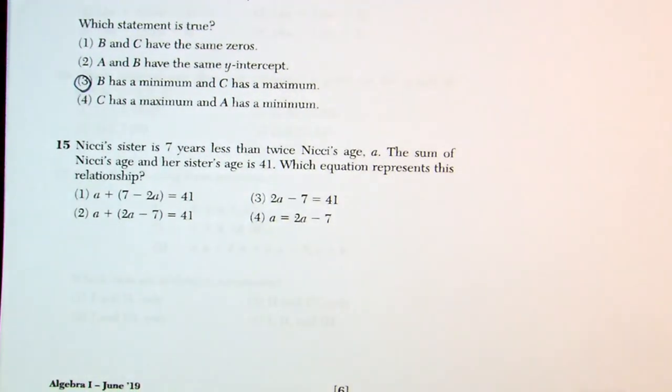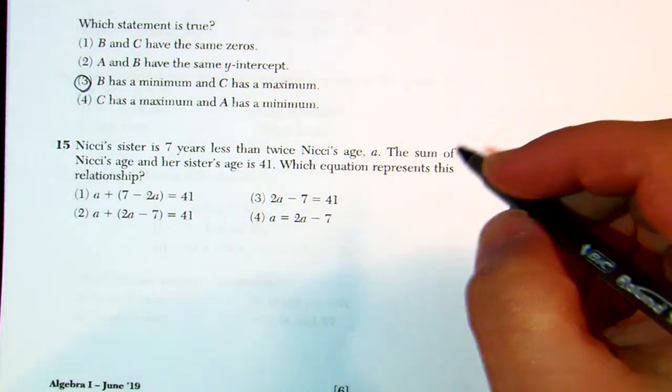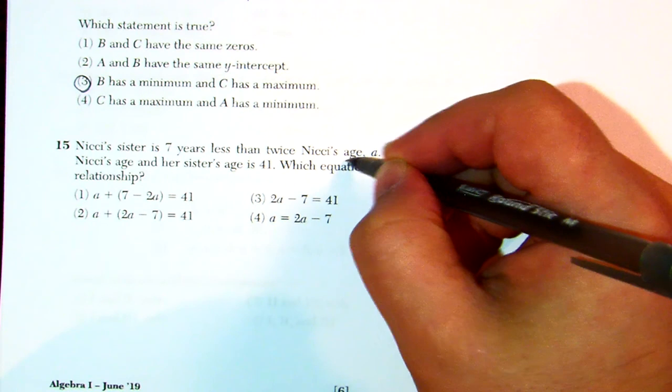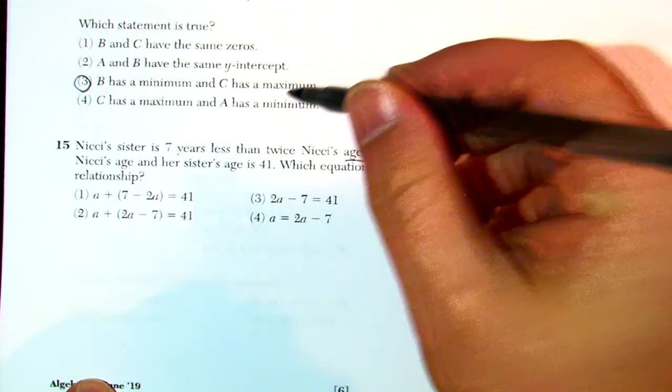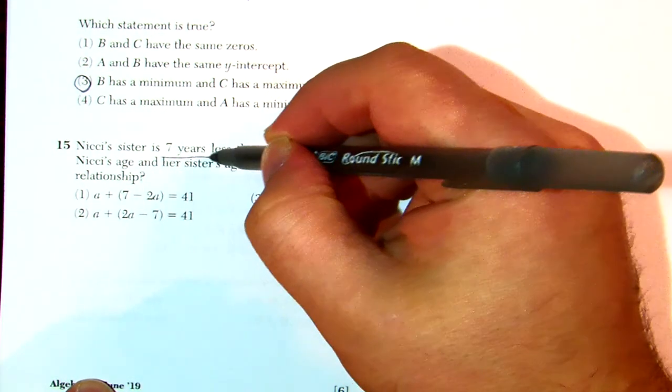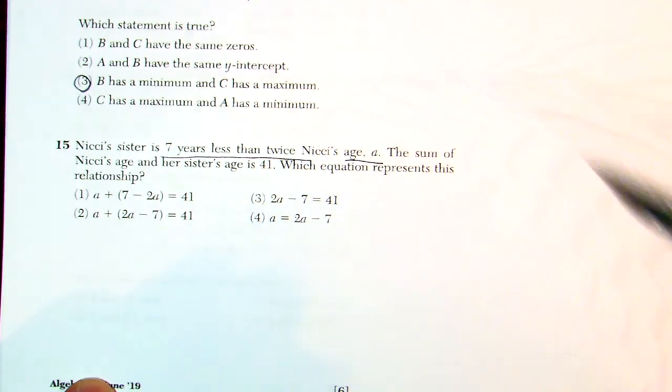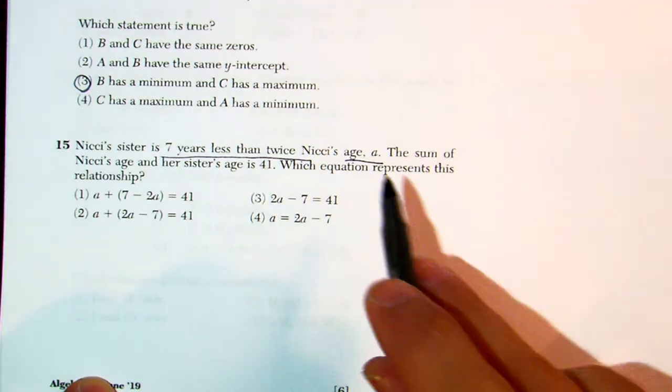Okay, 15. Nikki's sister is 7 years less than twice Nikki's age, a. The sum of Nikki's age and her sister's age is 41. Which equation represents the relationship? Alright, so we have Nikki's age is a, and her sister's age is 7 less than twice a.